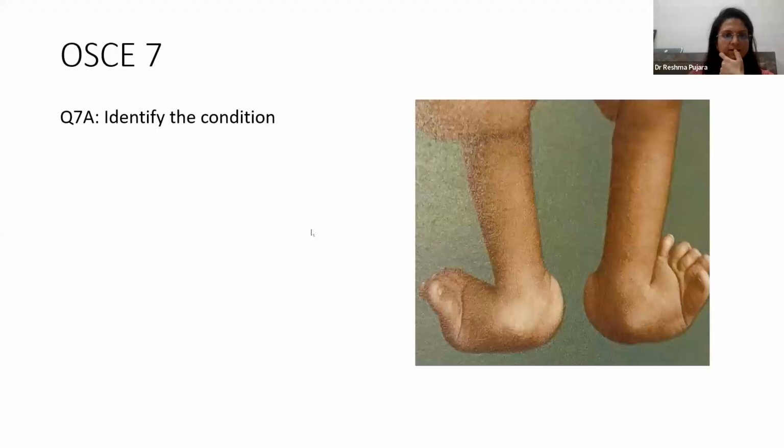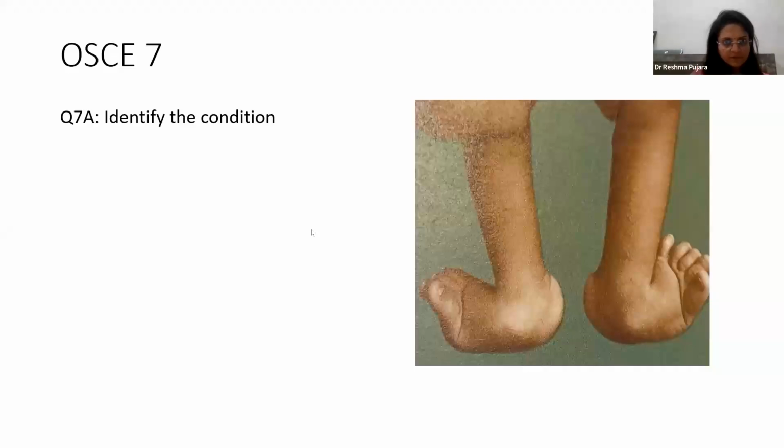Somebody's written rocker bottom. Who's written rocker bottom? It's moving very fast. Rocker bottom, Pamela. Dr. Mary, she wrote first, okay.